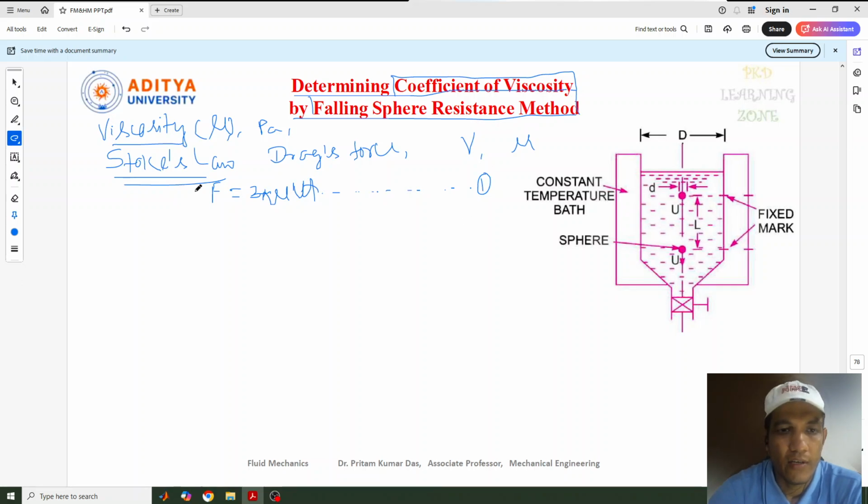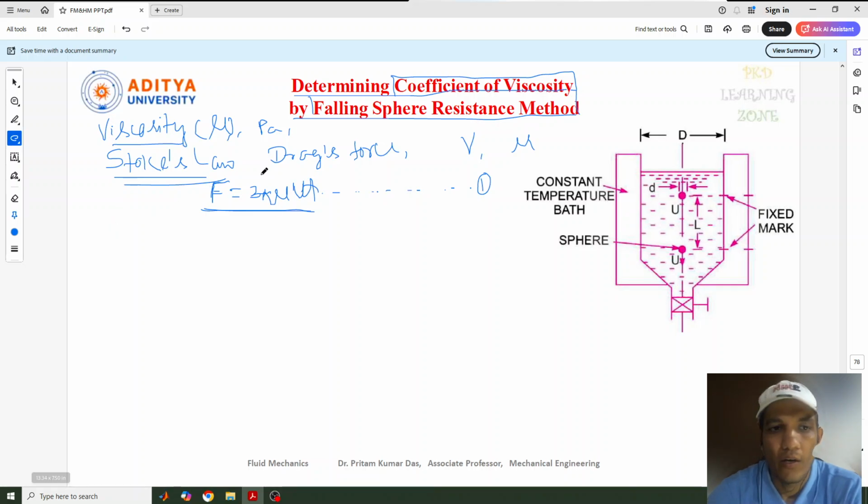Here, the parameters: F is the drag force, mu is the viscosity, u is the velocity of the sphere, and d is the diameter of the sphere. Now when the sphere attains a constant velocity u, the drag force is the difference between the weight of the sphere and the buoyant force acting on it. I'll tell you the details of that.